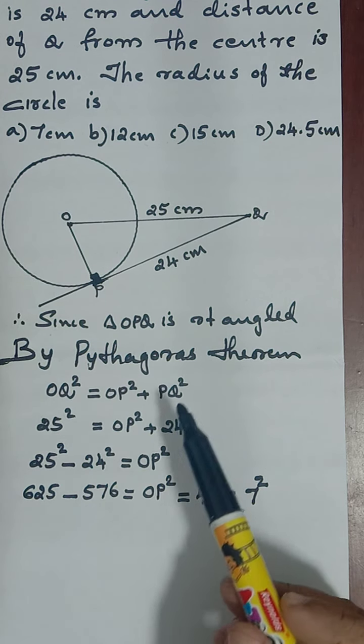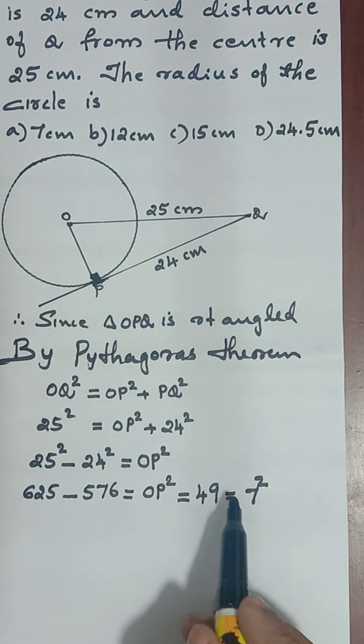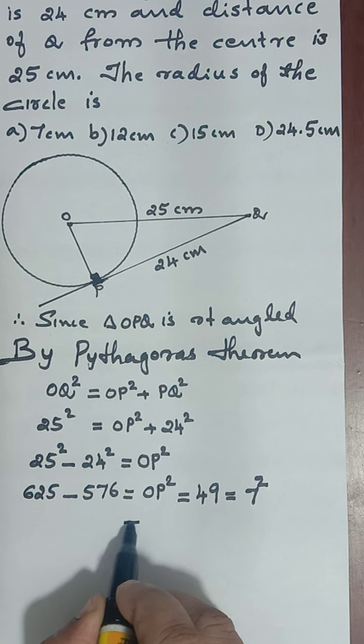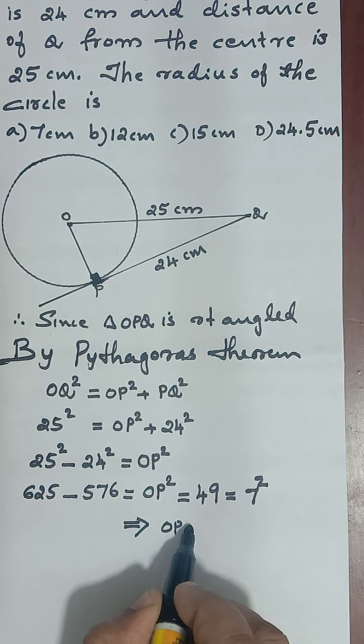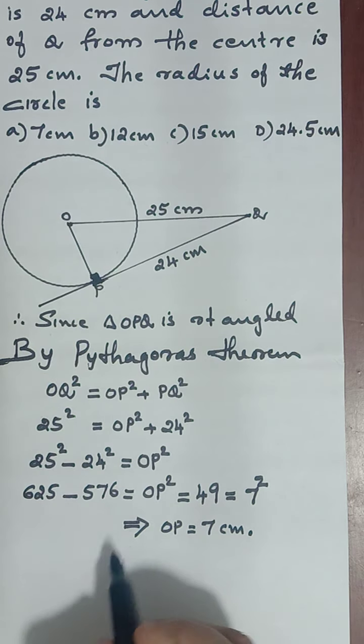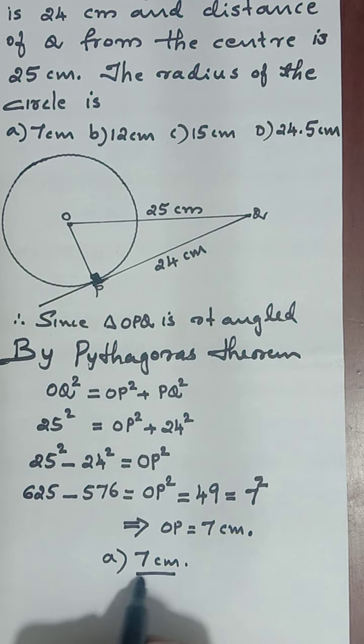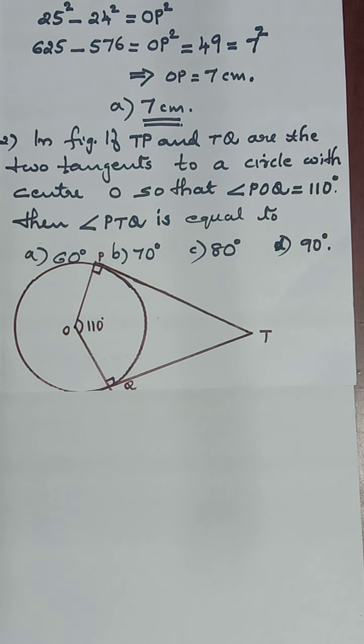We consider only the positive value since they are distances. So OP is equal to 7 centimeter. So our answer is option A, 7 centimeter.